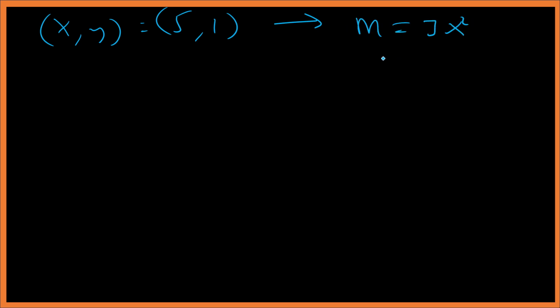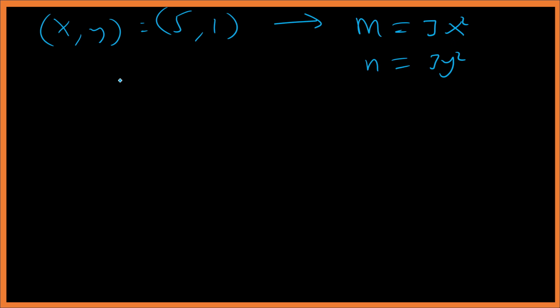So x y, 5 1. Okay, so my m is 3x squared and n is 3y squared. So when x is 5, this side will be 25, 5 squared is 25 times 3.